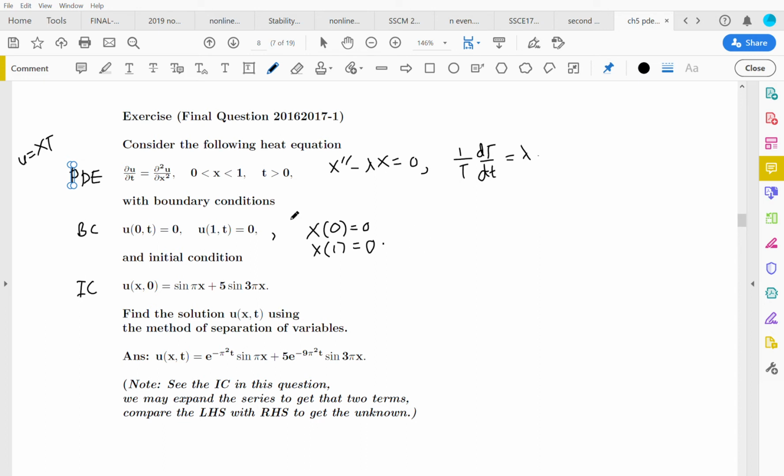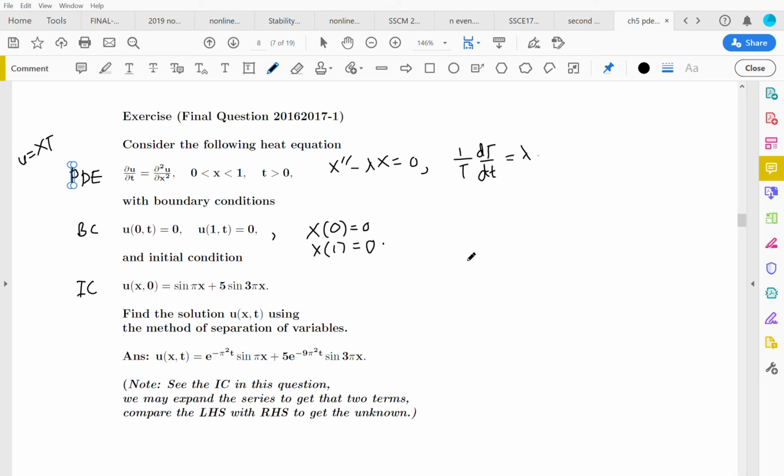Since this is the heat equation with this type of boundary condition, if you solve for the 3 cases of lambda, you will get the same form as in the previous example. For lambda zero and lambda positive, you will get the zero solution. Only the third case, lambda negative, will give the solution.